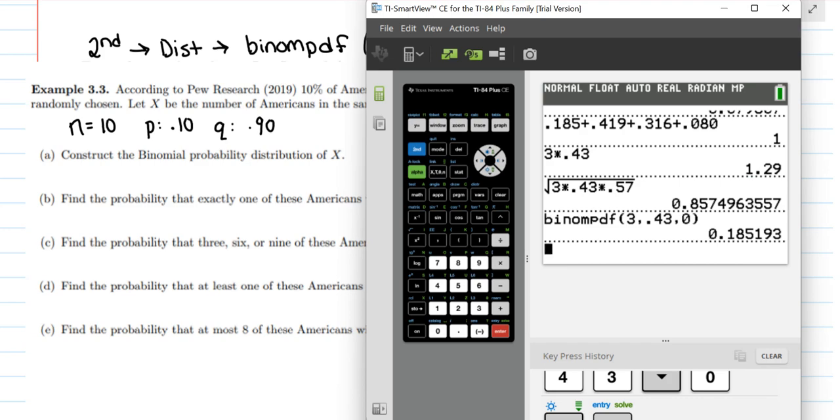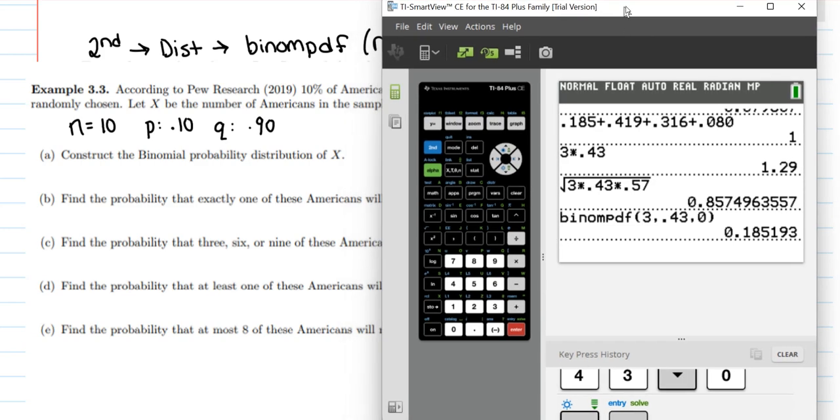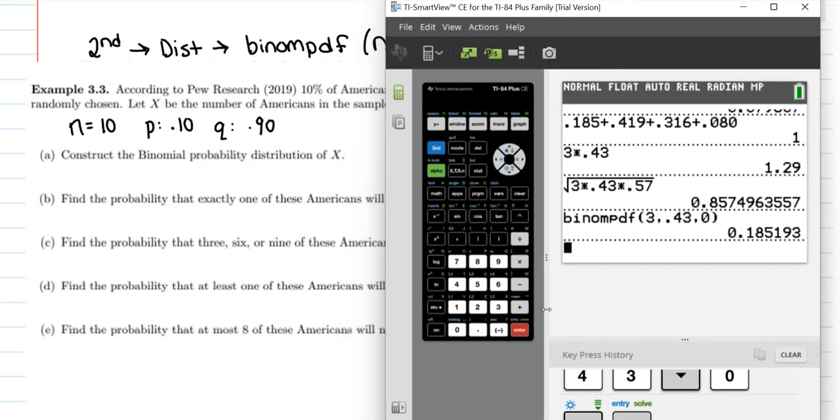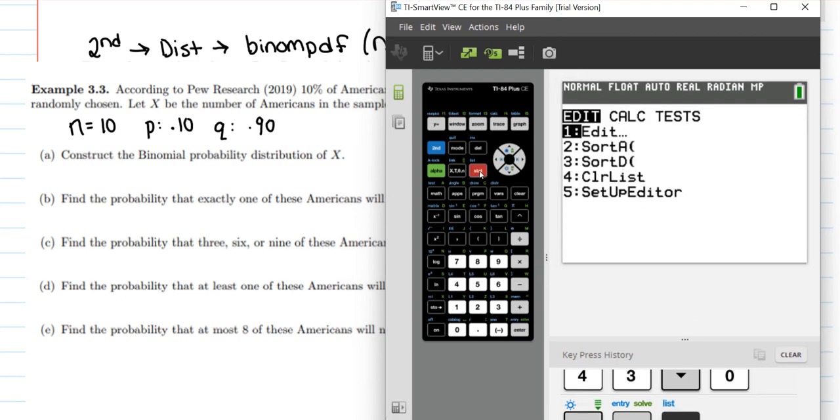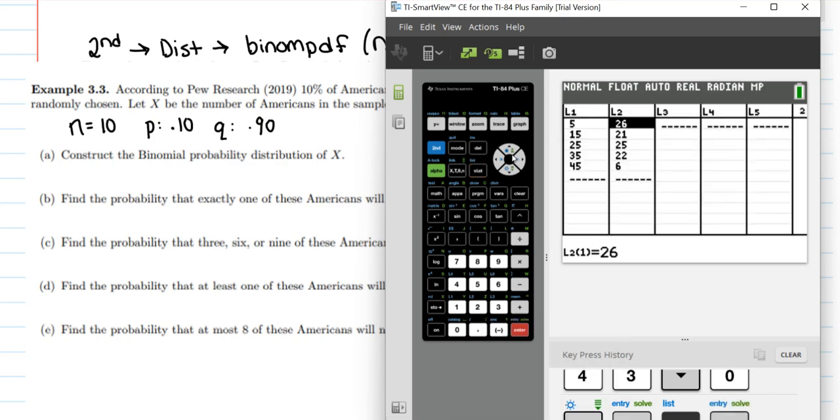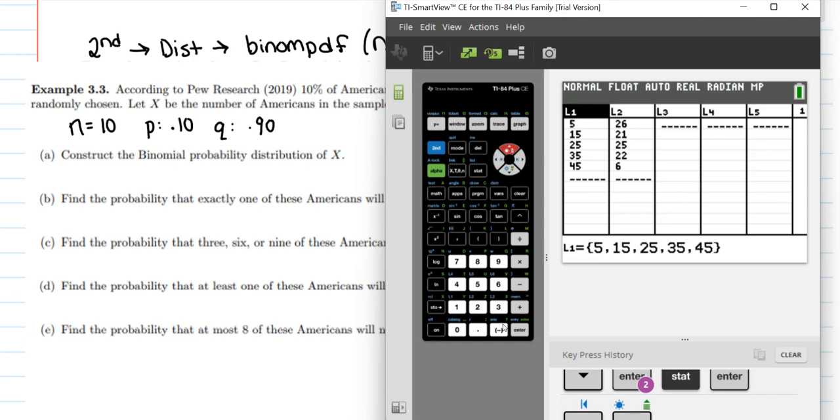Okay, so get your calculator. Go to your list. So remember that's stat, and then edit. All right, so I have some stuff in here. I'm going to go to L1, and I'm going to go up, and I'm going to clear it. And I'm going to enter 0 through 10 in here. Okay, so you're going to put the X values in the list.